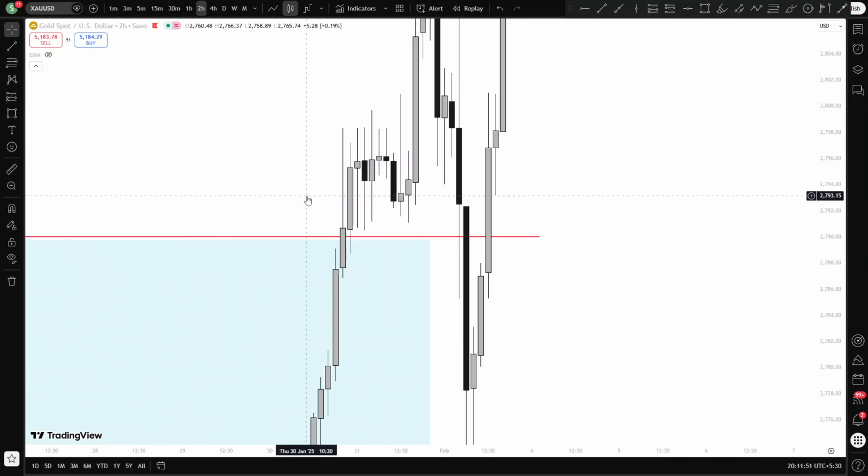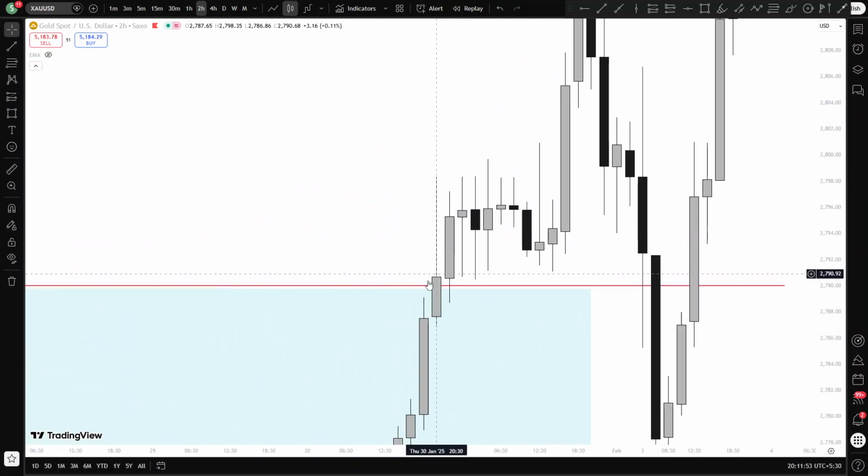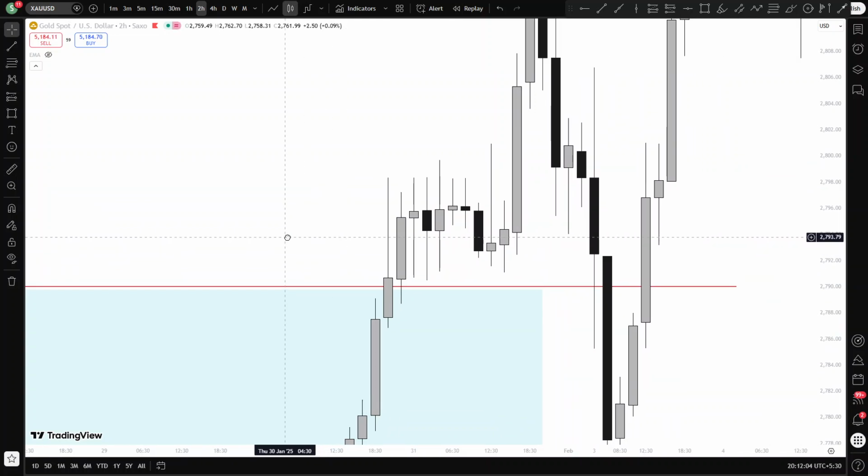It has to be the body of the candlestick, not the wick. This body has to close above. Once it closes above, we know that there is a breakout.